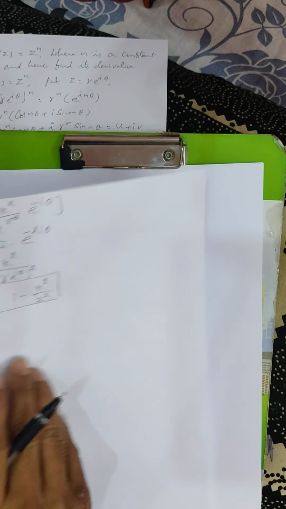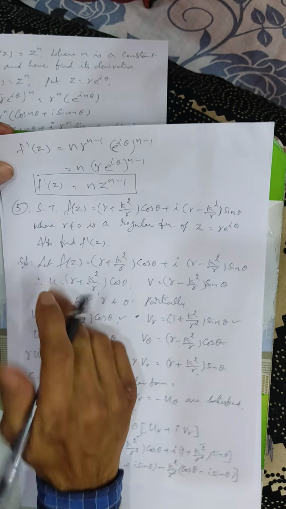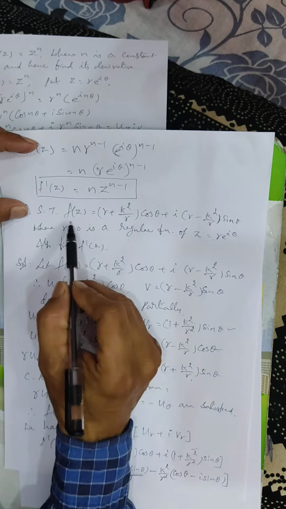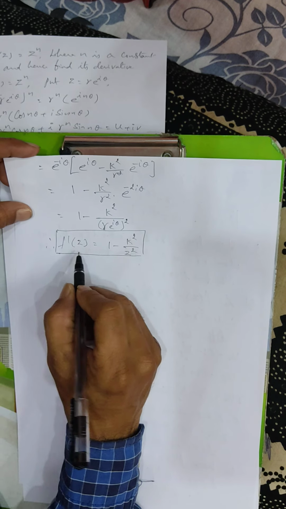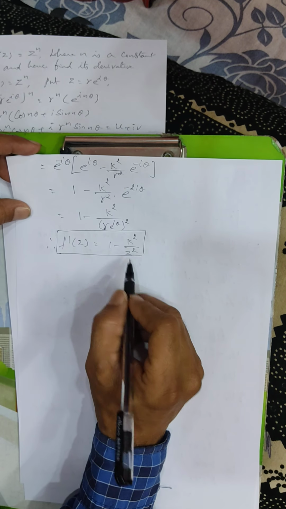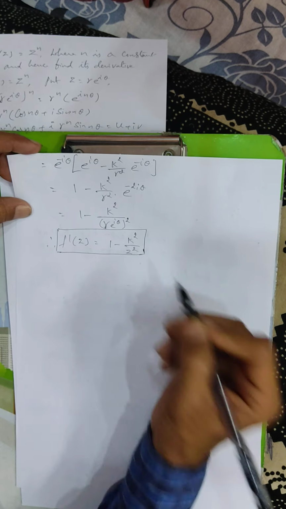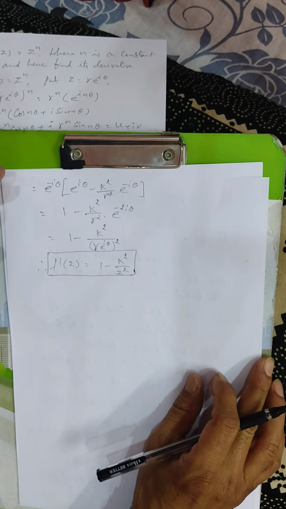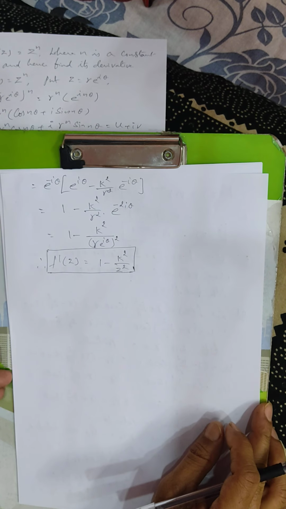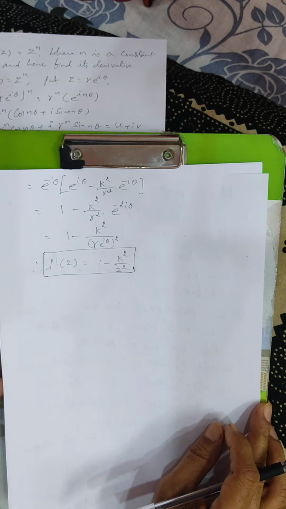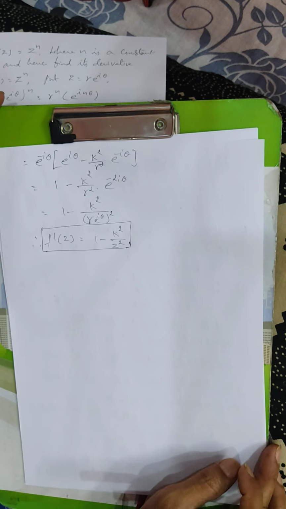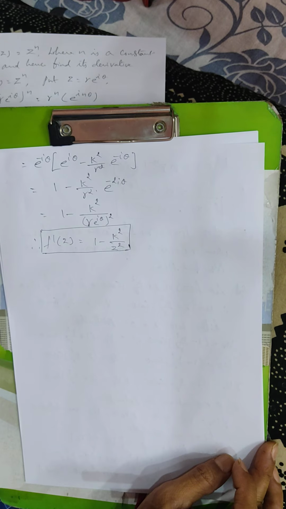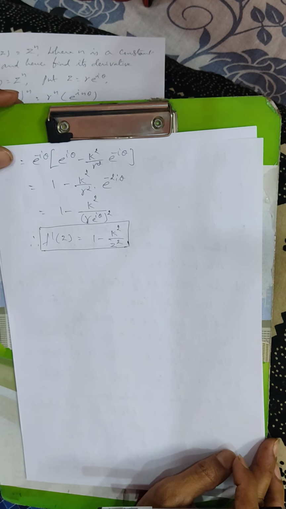So what is the function here? f of z is equal to r plus k. Of course it is in the form of u plus iv, and we got the derivative f dash of z is equal to 1 minus k square by z square. So these are a few problems where first we show that the given function is analytic and hence find the derivative of the given function.